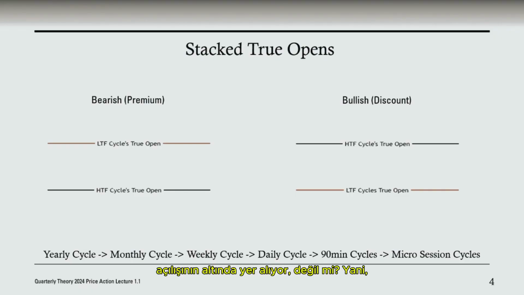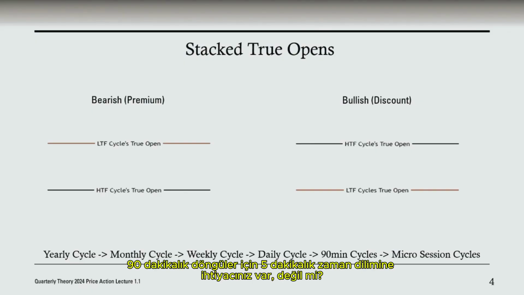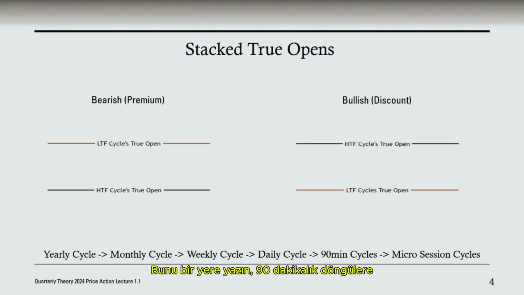right? So if you're looking at the 90-minute cycles to trade, which for 90-minute cycles you need the 5-minute time frame, right? Write this down. You need a 5-minute time frame when looking at 90-minute cycles.